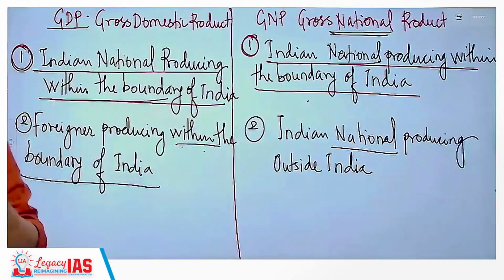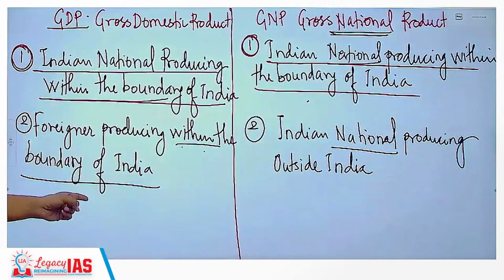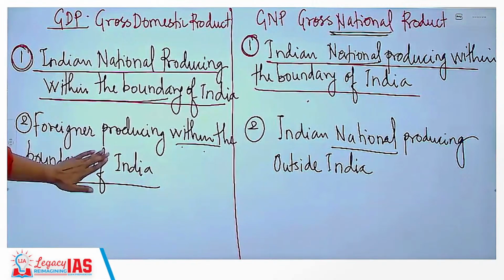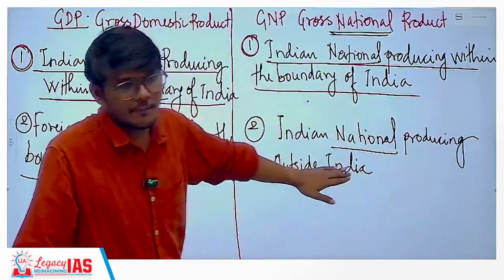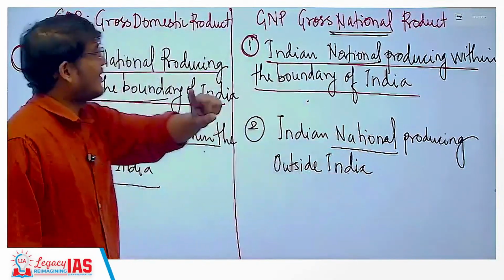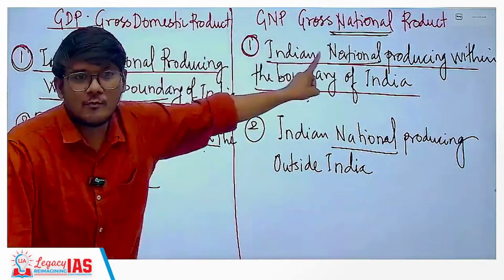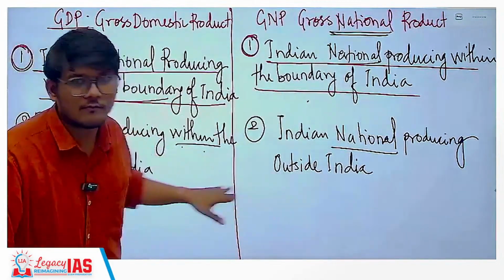Then what is the differentiating factor? The second part. Correct? When the foreigner produces within the boundary of India, it forms GDP. When an Indian national produces on a foreign soil, it becomes GNP. So whether GDP is more or GNP is more will be decided by these two things.